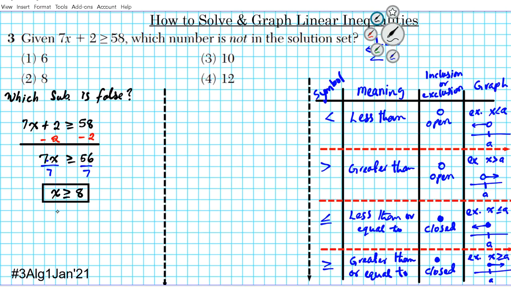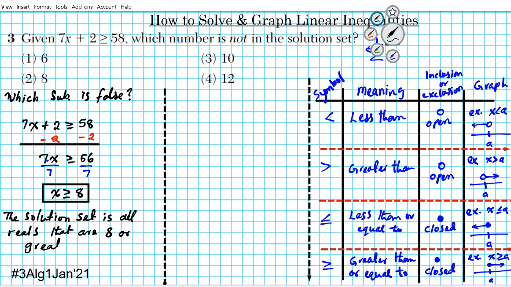The solution set is all real numbers that are 8 or greater.